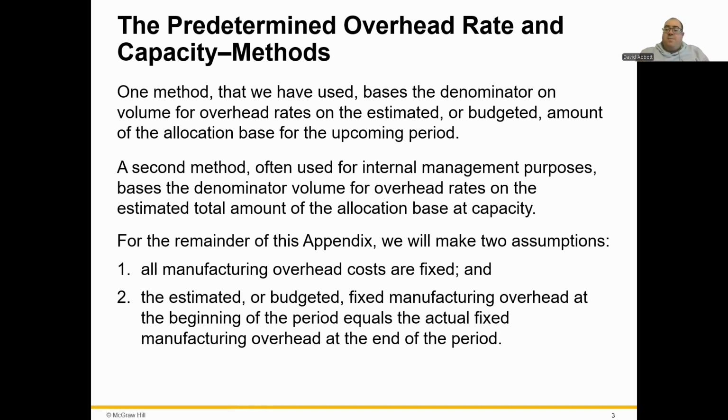For the remainder of this appendix, we will make two assumptions. First is that all manufacturing overhead costs are fixed, and that the estimated or budgeted fixed manufacturing overhead at the beginning of the period equals the actual fixed manufacturing overhead at the end of the period.